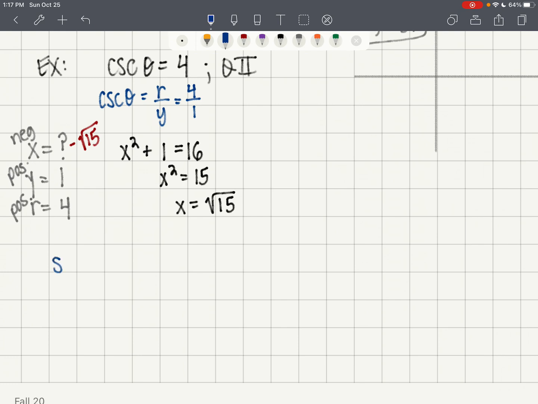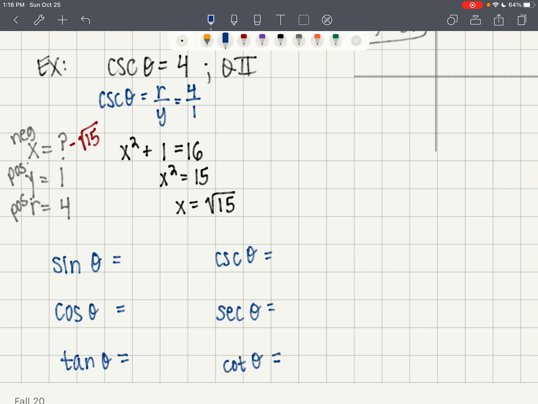Now I think I'm ready for the sine of theta, the cosine of theta, the tangent of theta, and each of its reciprocal functions: the cosecant of theta, secant of theta, and cotangent of theta. The sine of theta is y over r, so that is 1 over 4.